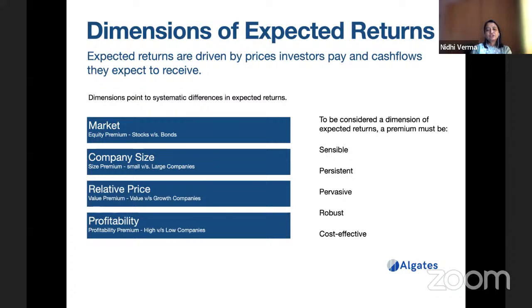So these are some of the drivers. So what you can do here is that you can see these drivers, you can spot the companies based on these drivers and invest in these kinds of stocks. Then you can expect a return which would be higher than your benchmark index return.